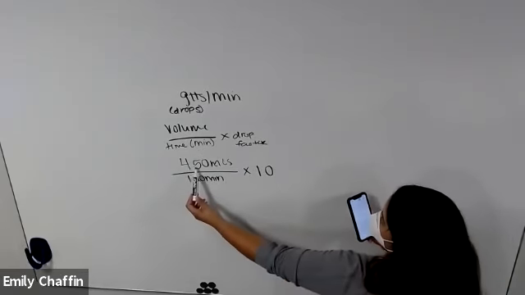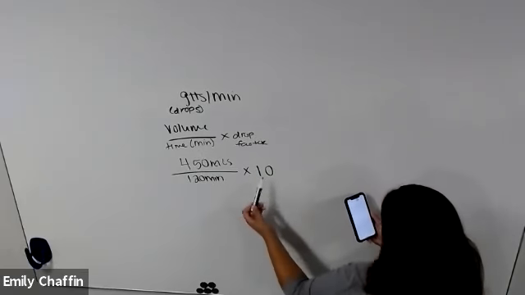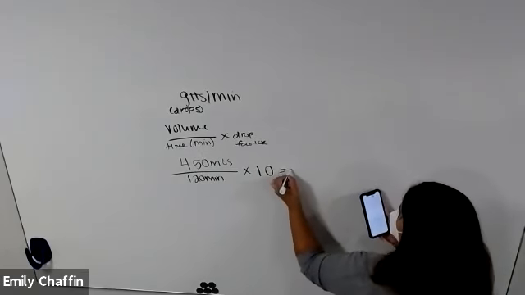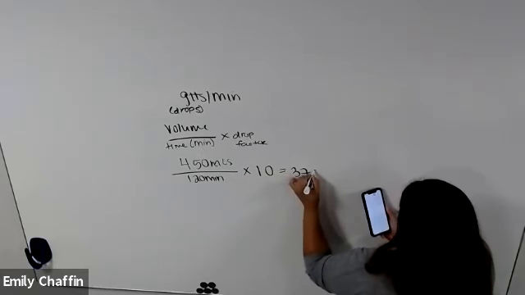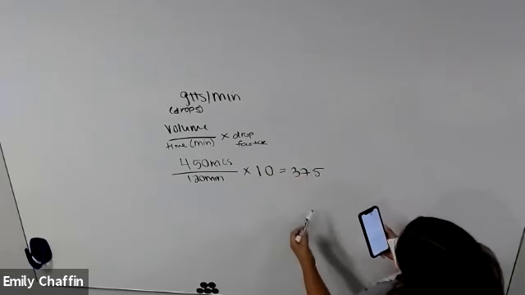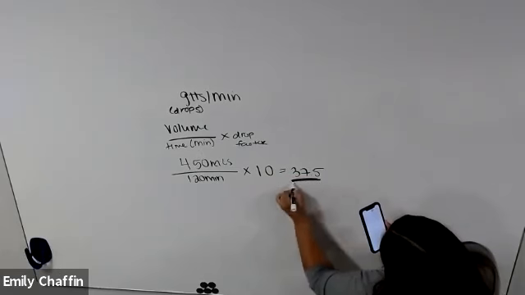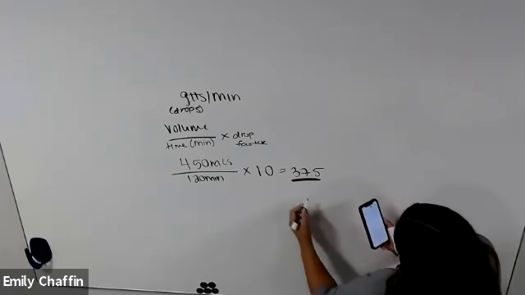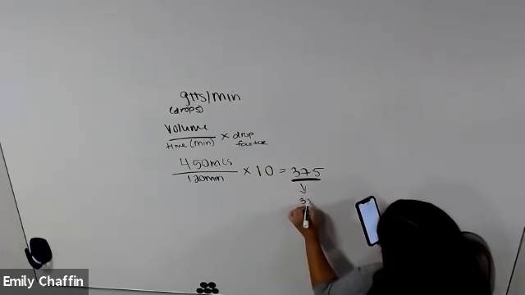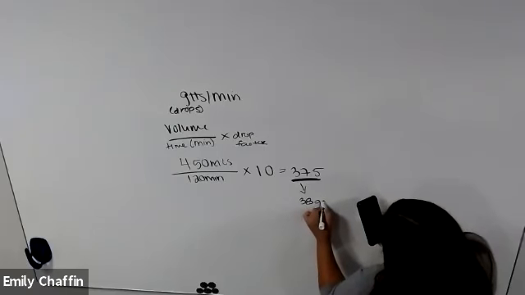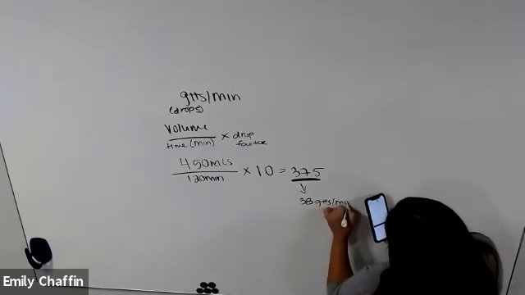So you do 450 divided by 120 times 10, which should give you 37.5. But it's impossible for you to give half a drop. So then you would actually just round to 38 GTTs per min.